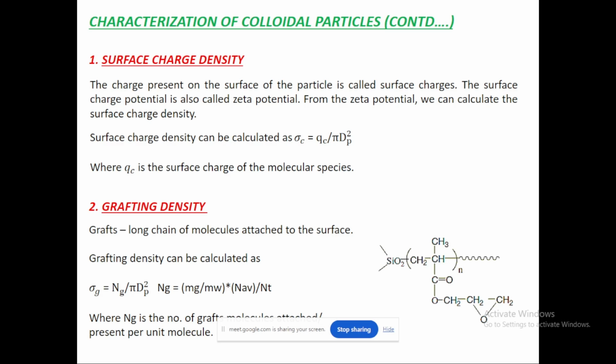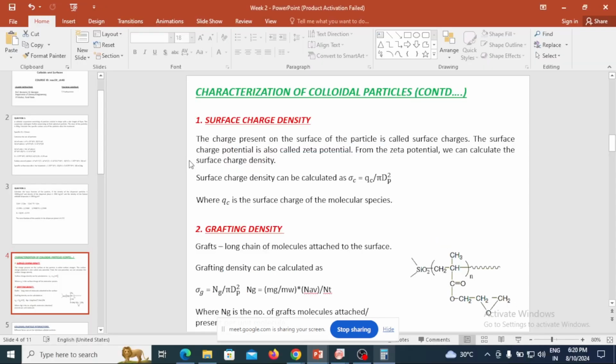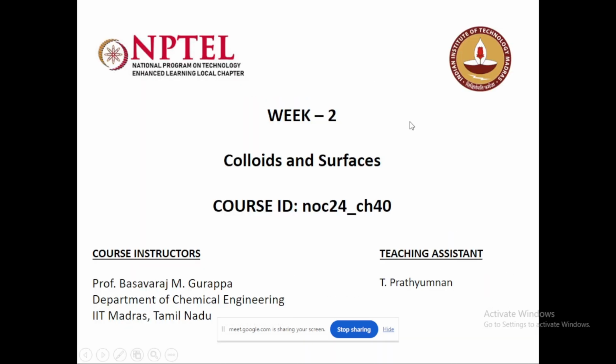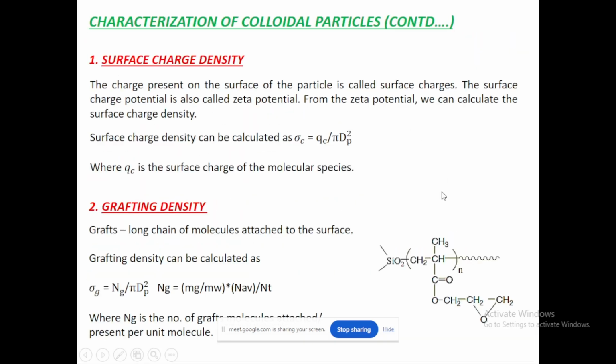Assume we have a silicon oxide particle. In order to functionalize this silicon particle or add grafts, we put a long polymeric chain on its surface. This part of the structure, apart from the SiO2, is what is called grafts.